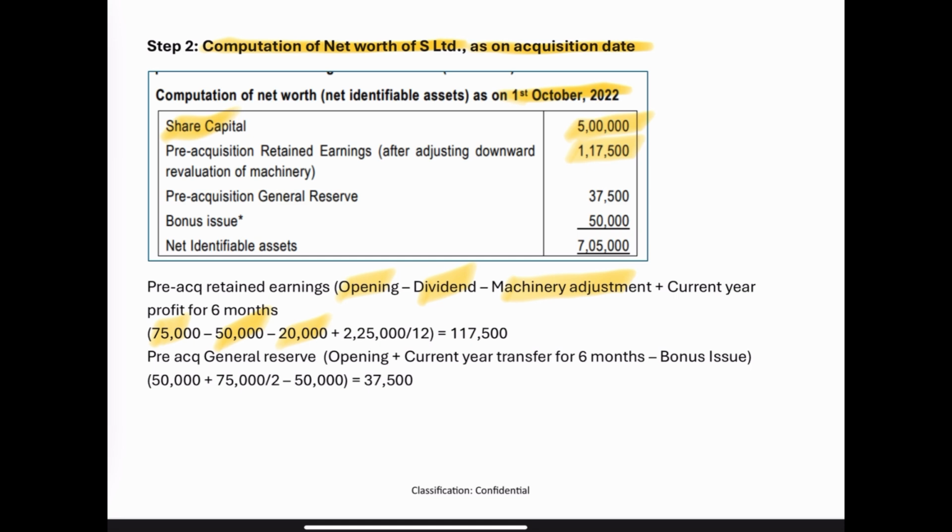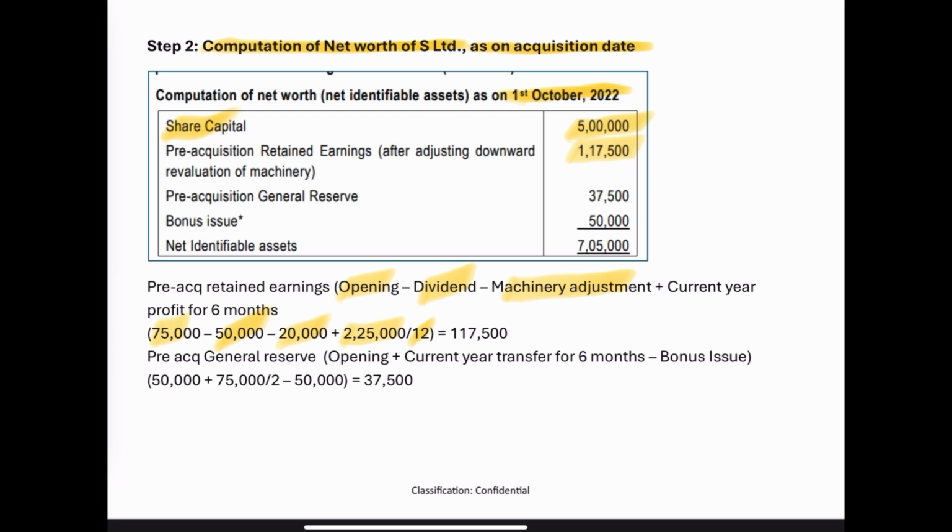Okay, so then we'll have to add the profit made from 1st April 22 to 30th September 2022. But here what is the exact profit for the first 6 months and second 6 months they have not given. So we can take the total profit. So total profit in this case is 2,25,000 for the entire financial year. So this divided by 2 will give the profit made for the first 6 months.